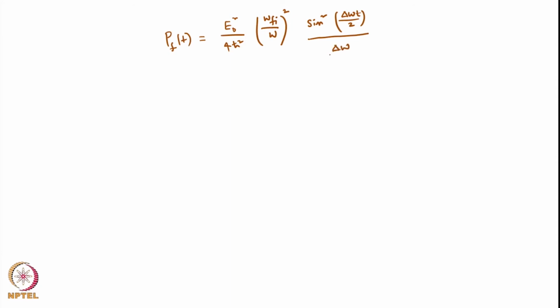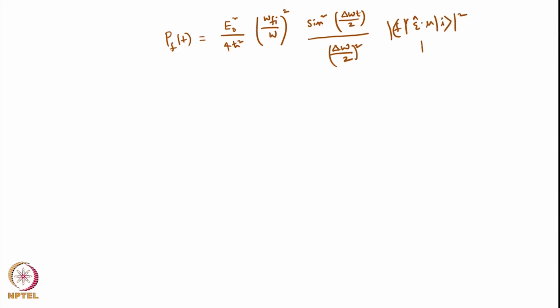Now what does it really mean? It means that your probability Pf of t equals, as I told you, E naught square by 4 h bar square, omega Fi by omega, whole square, sine square del omega t by 2 divided by del omega by 2, because the square, I have just brought it out of square, and multiplied by modulus of f epsilon dot mu i square.